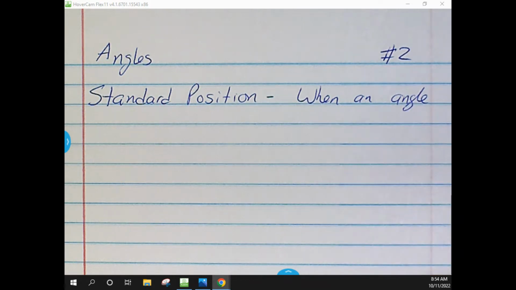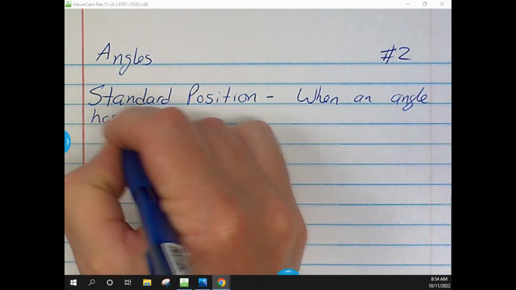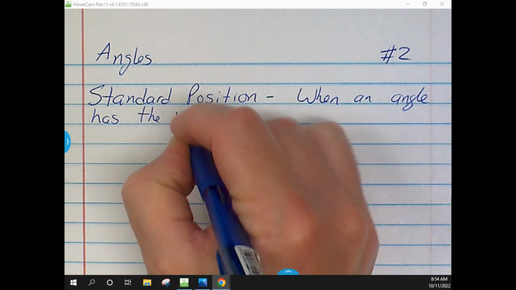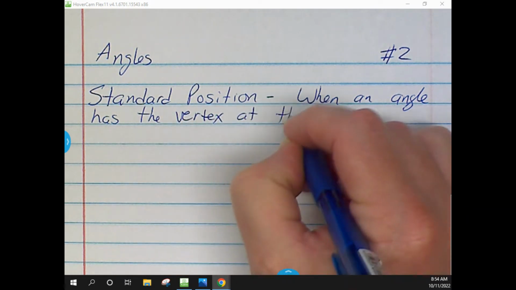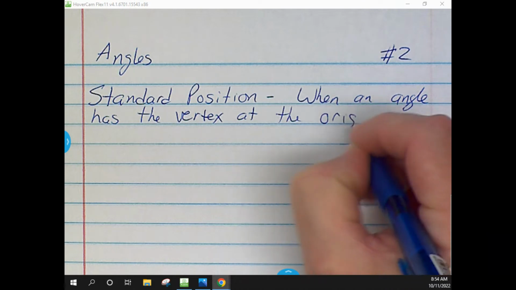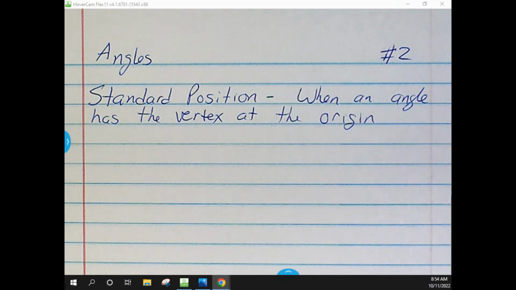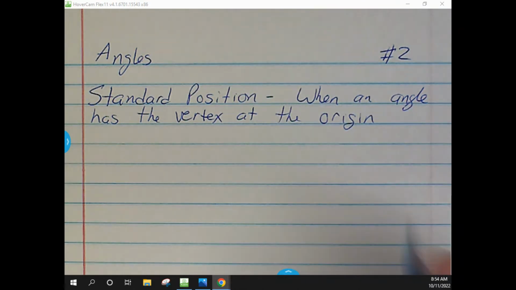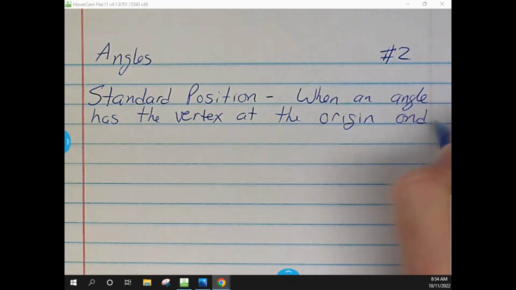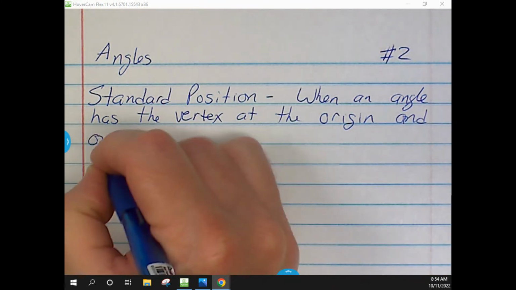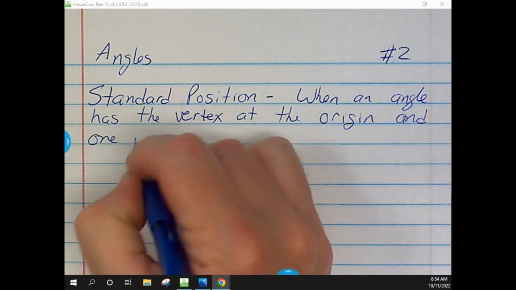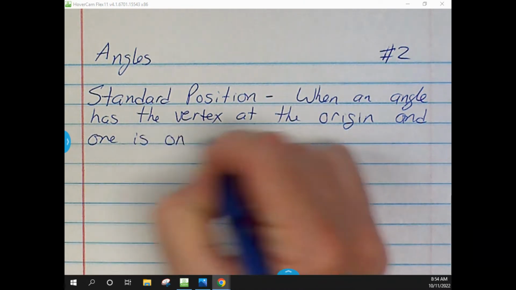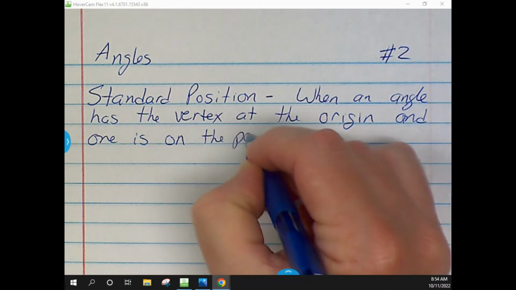So it's when an angle has the vertex at the origin and one ray is on the positive x-axis.